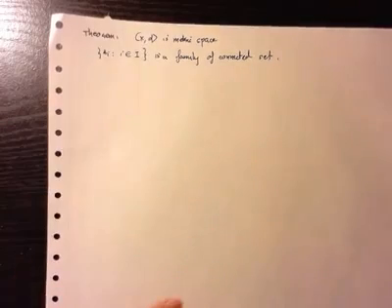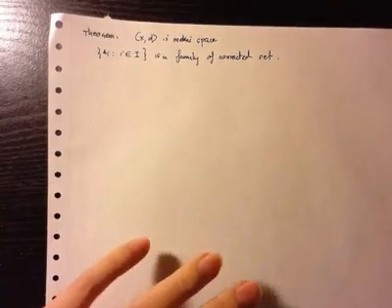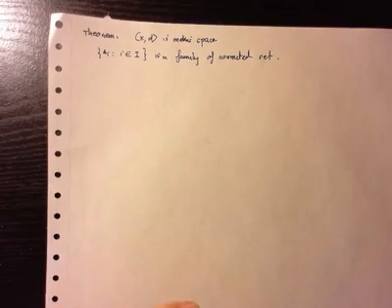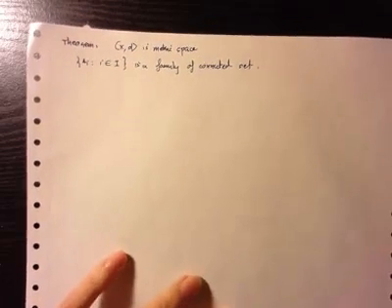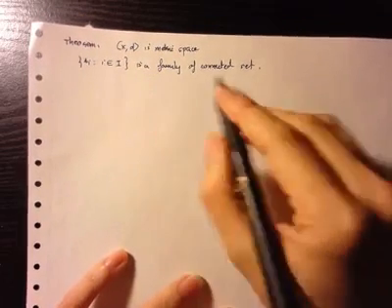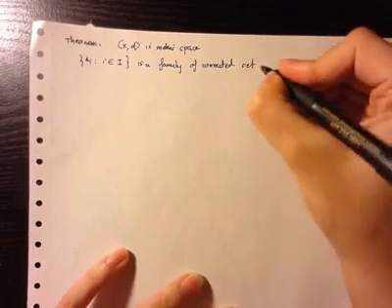In other books, sometimes we use a collection of connected sets. So a family of connected sets has the same meaning as a collection of connected sets. It's a set that contains many other sets. So A sub i is a family of connected sets in X.